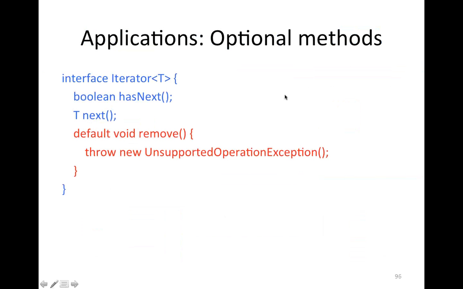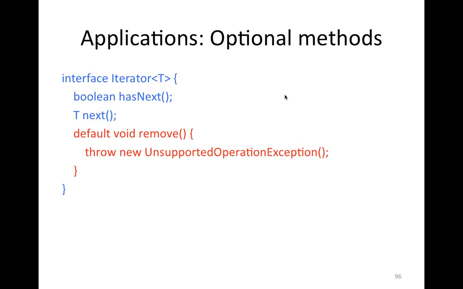So what are applications of default methods? Well, one of them is optional methods. A big pain with iterators in Java, with the Iterator interface, is that it has a remove method. But often in the real world, when we implement the Iterator interface, we really do not care about this remove method. We only care about hasNext and next.